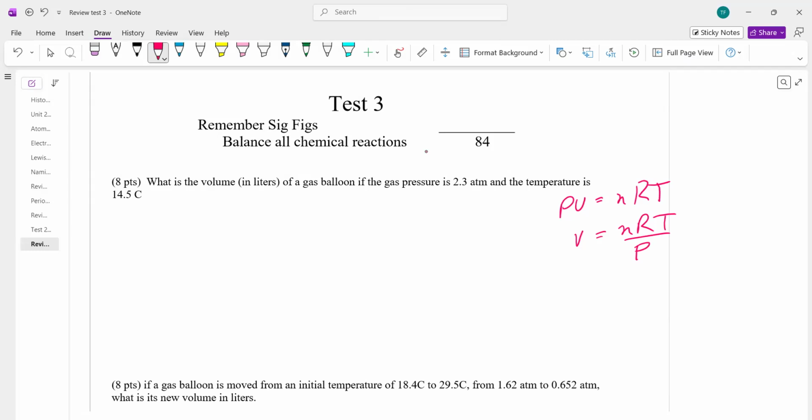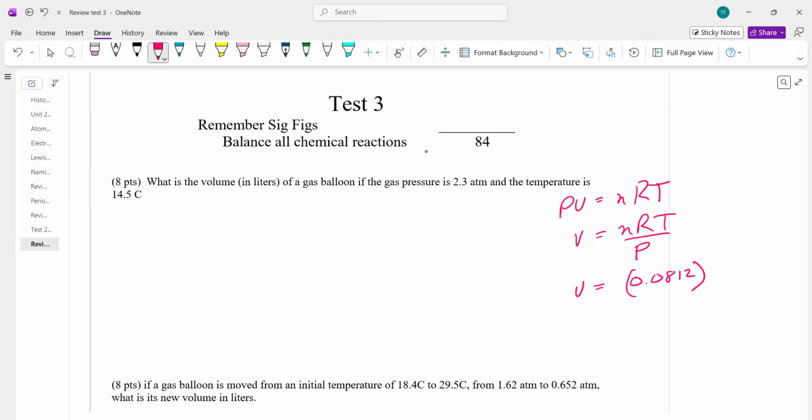Divide both sides by pressure. So we know R. Notice we didn't state n. Assume it's 1 mole.